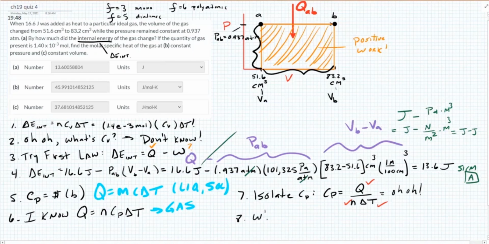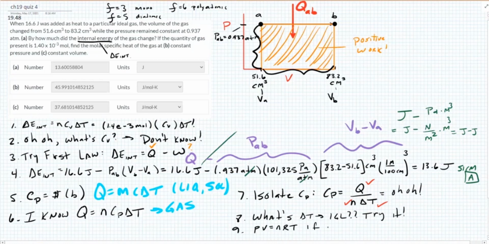What is delta T? Ideal gas law? Let's try it. Let's try the ideal gas law. The ideal gas law is saying PV equals nRT.